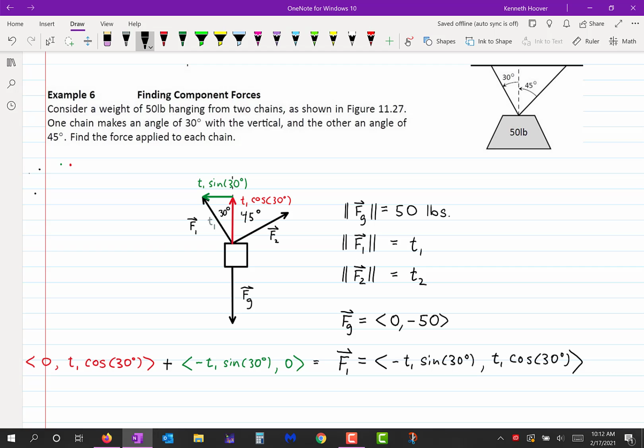That's our vector F1. Okay? Now, let's find vector F2, doing the same idea. This is called decomposing it into its horizontal and vertical components.